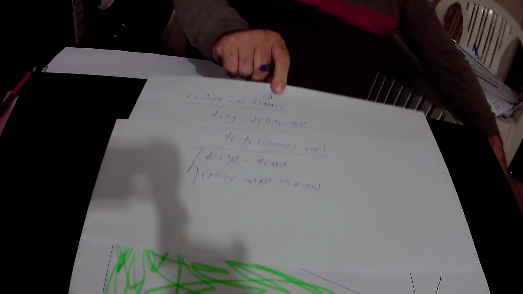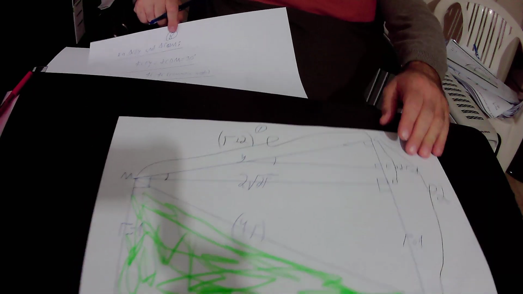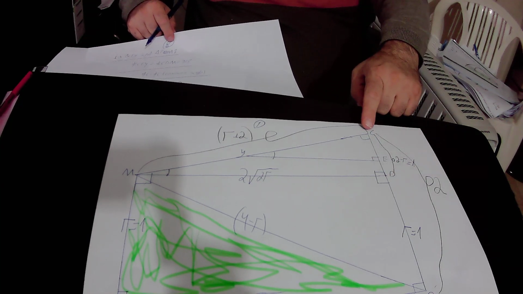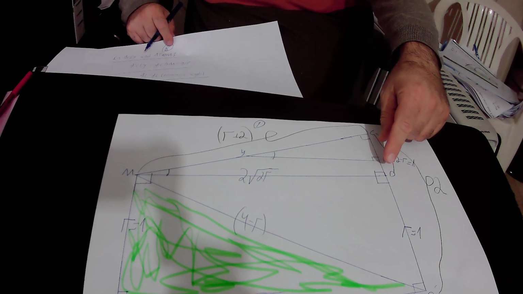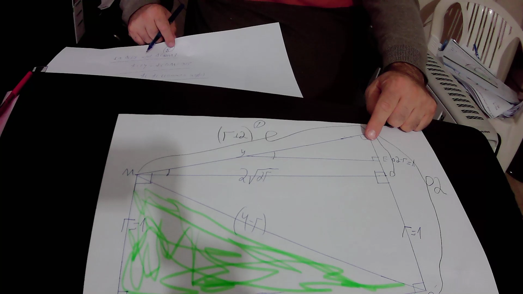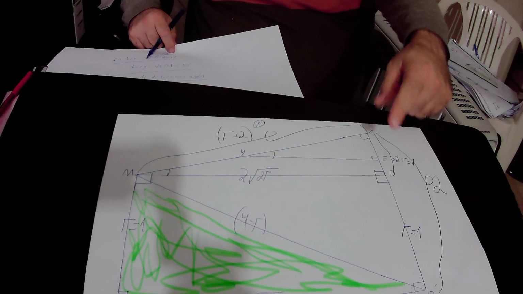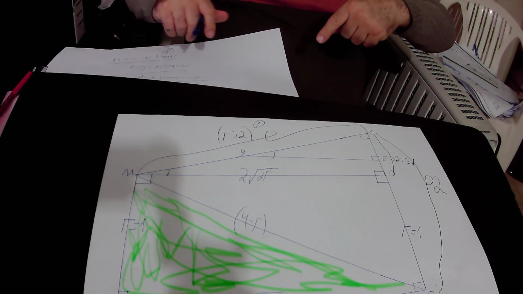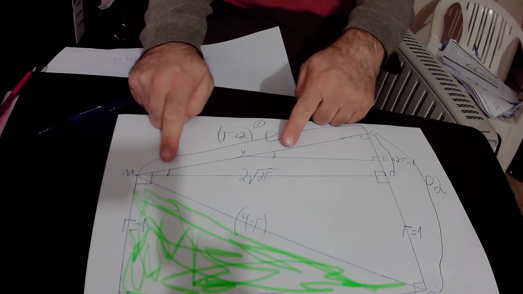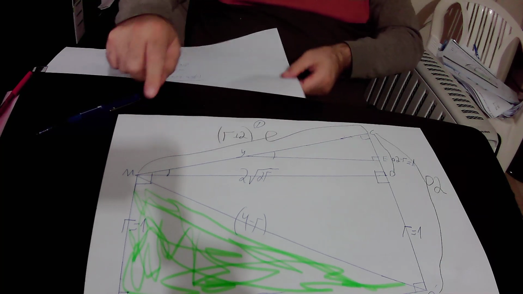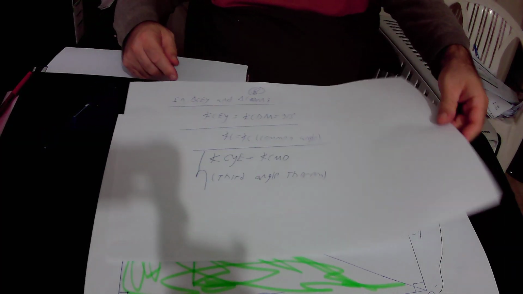Here we proved that those two angles are equal, so those are the first pair of congruent angles, and we have a common angle that equals itself. So this is the second pair of congruent angles in those triangles, and therefore, according to the third angle theorem, the third pair of angles must also be congruent. That is to say, this angle equals this angle. So this is the third angle theorem.